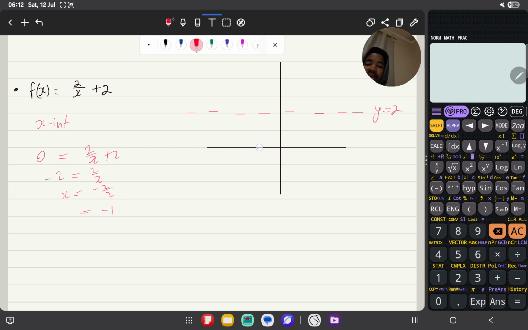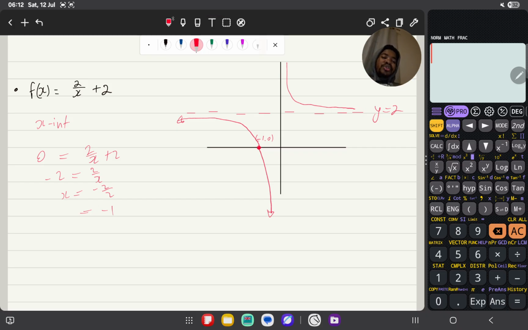So that means here you will have minus 1 and 0. So when it comes to plotting these, it's going to be something like this. We go through minus 1 and 0 and we go down like this, and then on the other side we're going to have something like this.